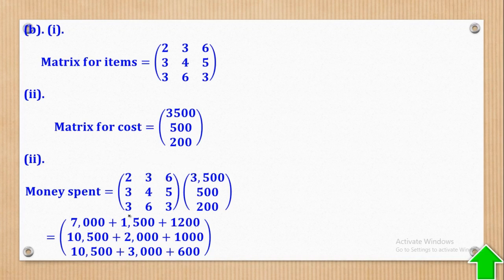What about for the second row? This times this gives you this, this times this gives you this, and this times this gives you that. Then for the third row, this times this gives you this, this times this gives you that, and this times this gives you that.